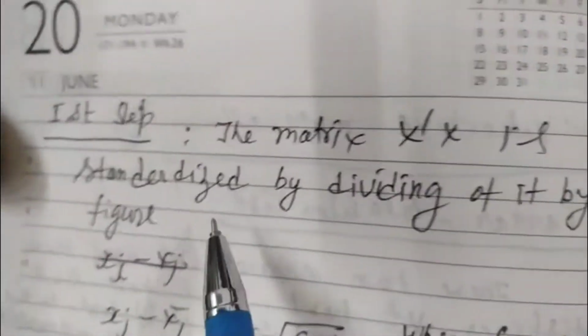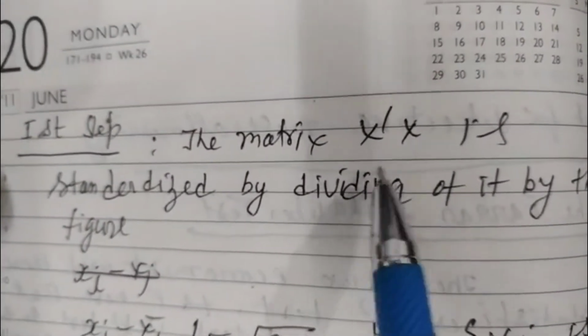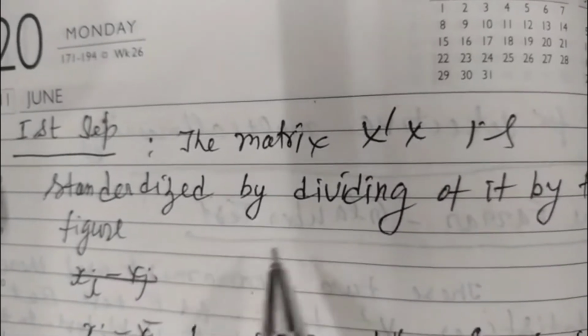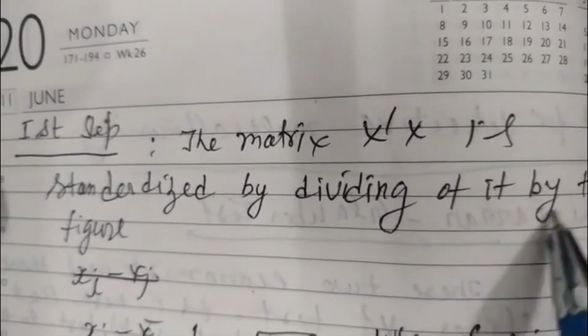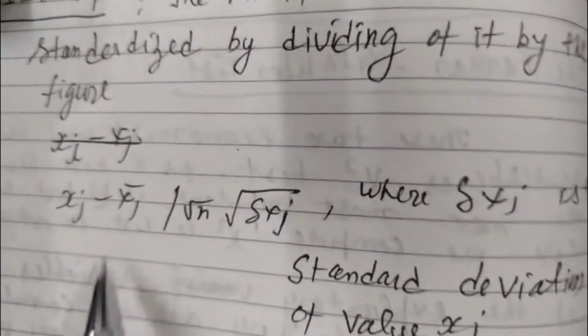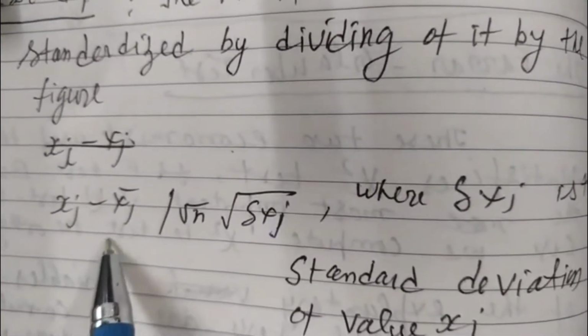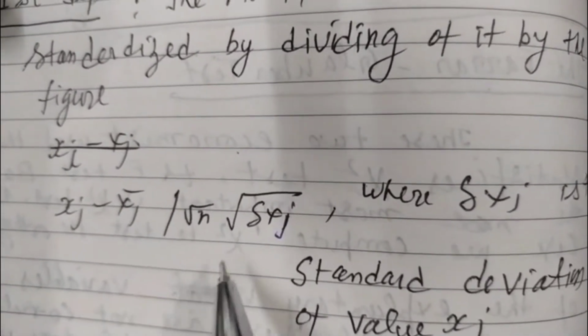First step, the matrix X transpose X is standardized by dividing each term by the square root of the sum of squares, (xj minus xj bar) over root n times SD xj, where SD xj is the standard deviation of xj.